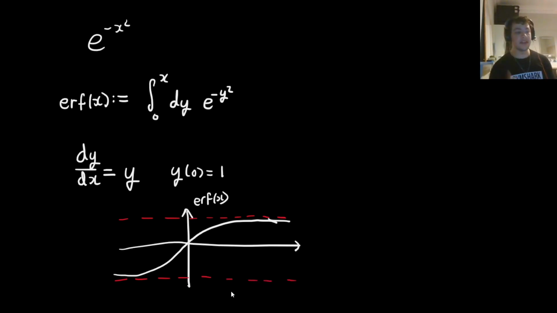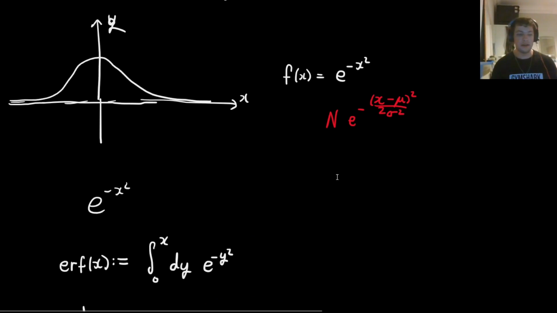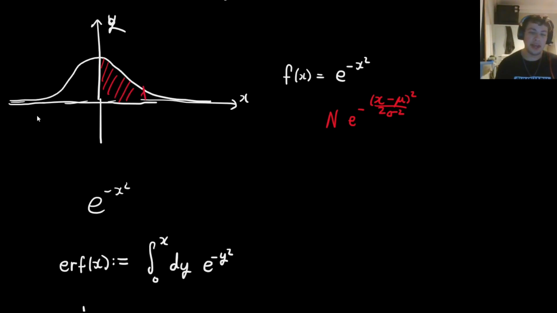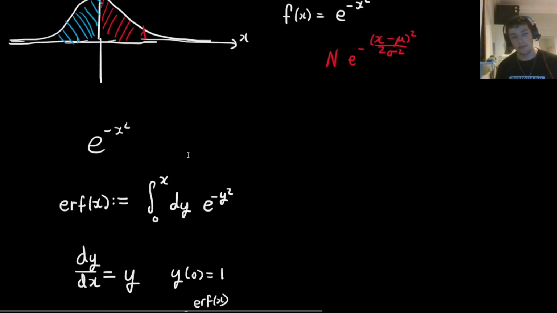It's constantly increasing because it's an integral of a positive function, so it's measuring the area under that curve. Well, if x is greater than 0, it's the area from here to x, which is obviously going to increase with x. And if x is less than 0, it's going to be the area from x up to 0, but negative, so again that's going to increase because the area is going to decrease.